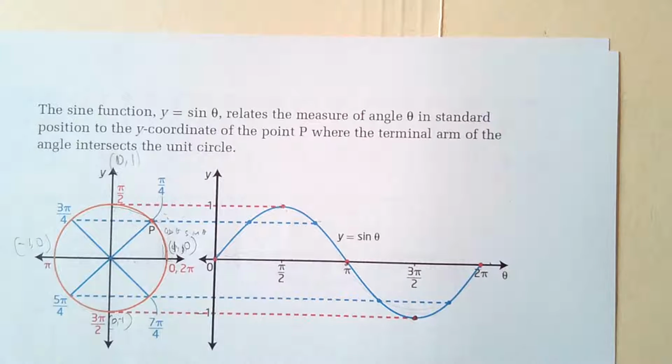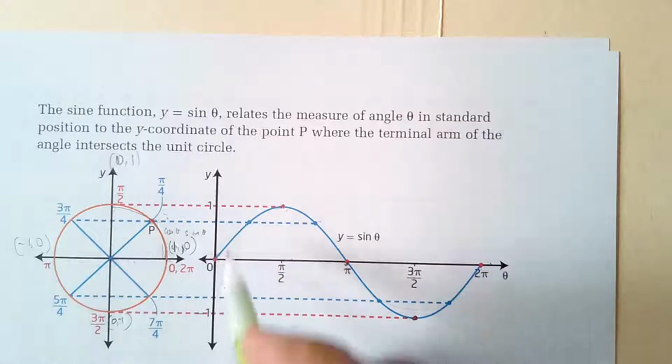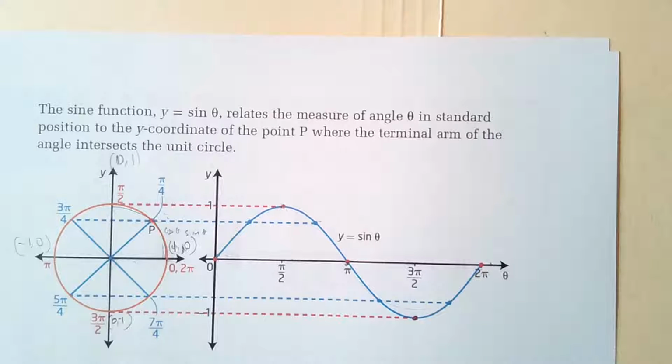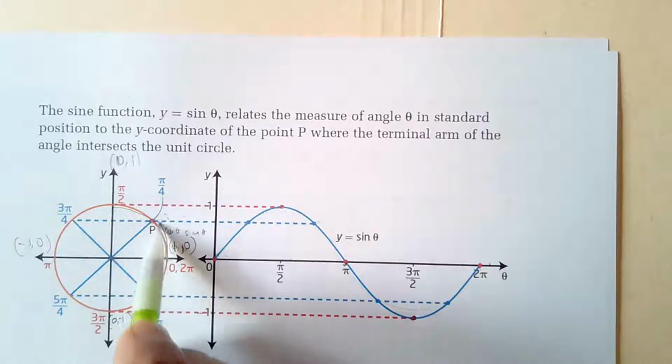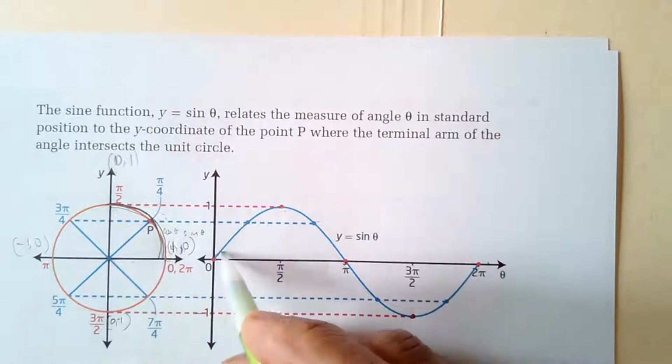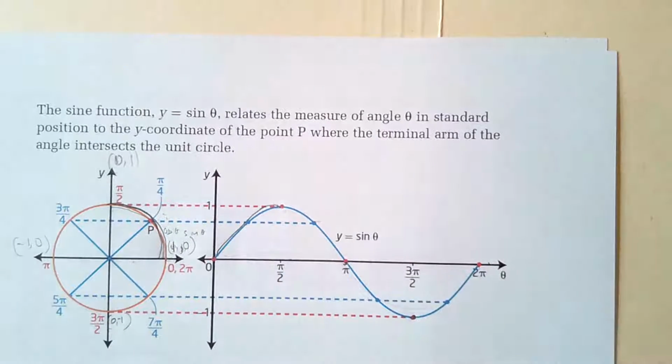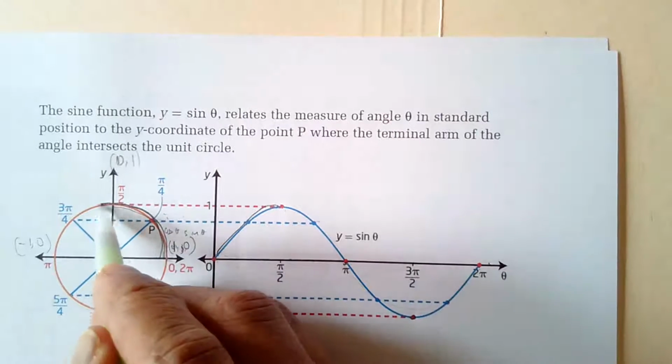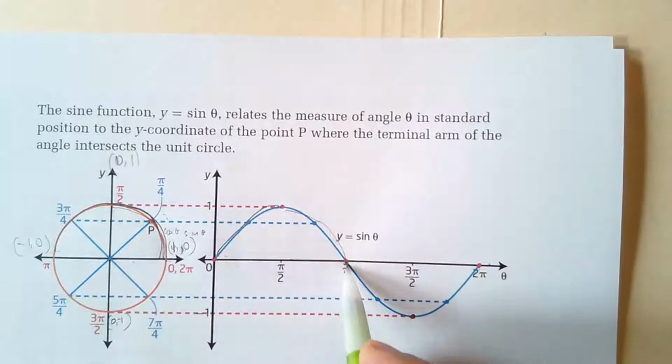So we're transferring using a unit circle, and that's how we ended up with this sinusoidal function. You can even visualize it as the first quadrant being the first part of the curve, and the second is coming down.